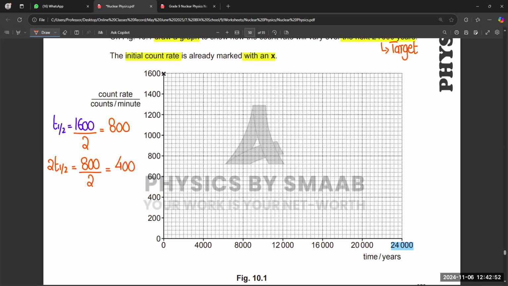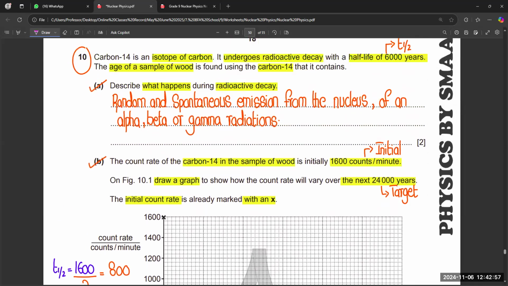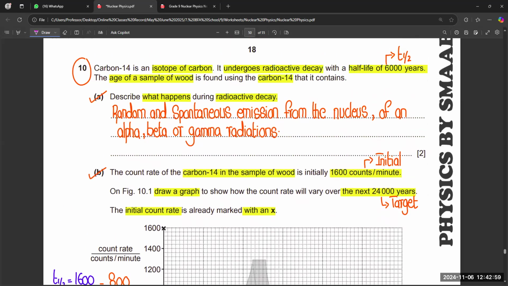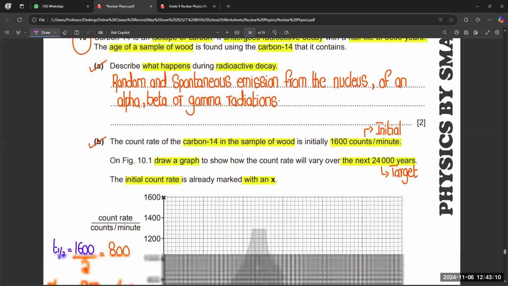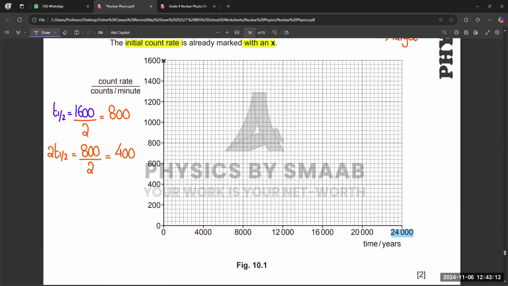Right? And the first half-life takes place in how many years? 6,000 years, because it is mentioned half-life of 6,000 years. So after every 6,000 years, the radiation or the particles emitting from the nucleus start to decay into half. So this first half-life takes place in a total of 6,000 years.